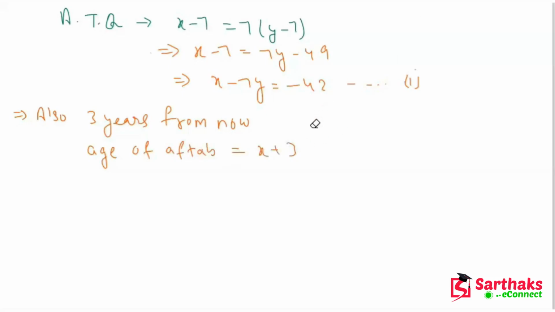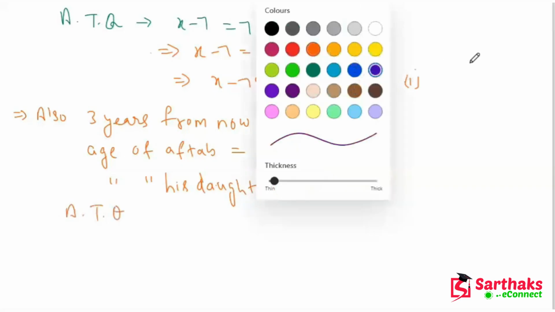And the age of his daughter, the age of his daughter is what? y plus 3. And again, ATQ means according to question.